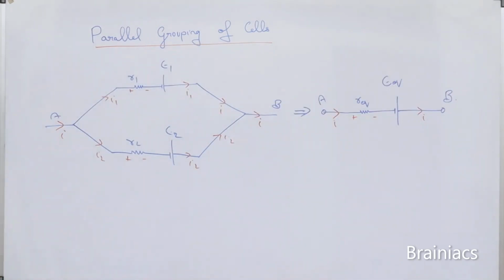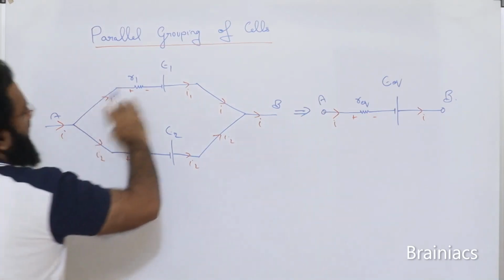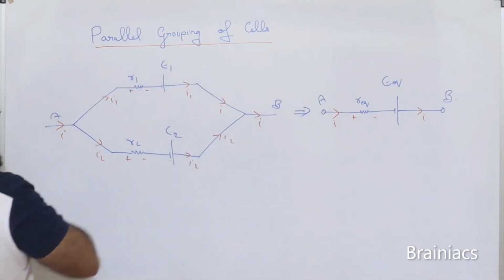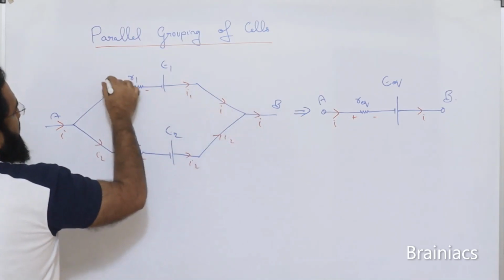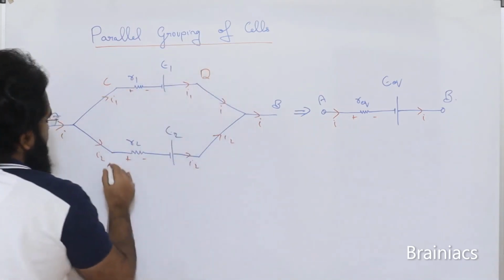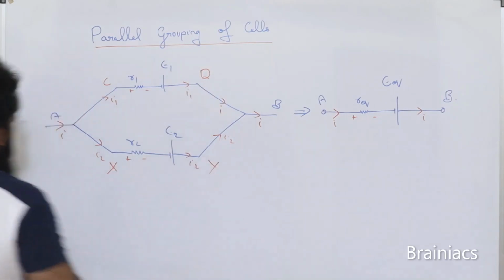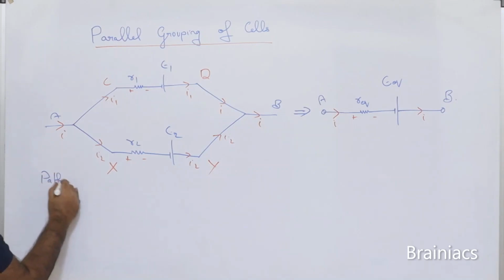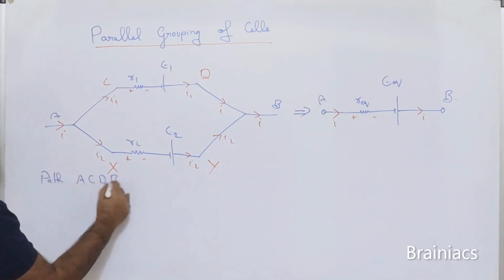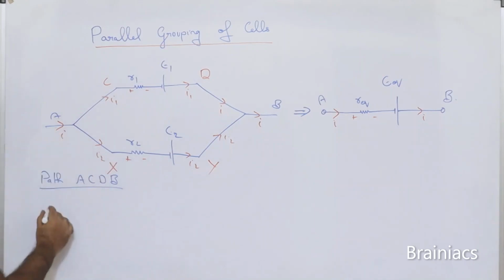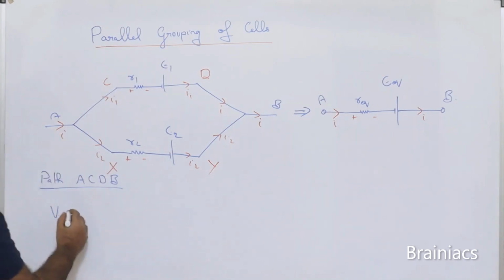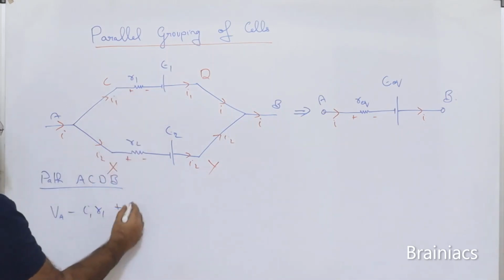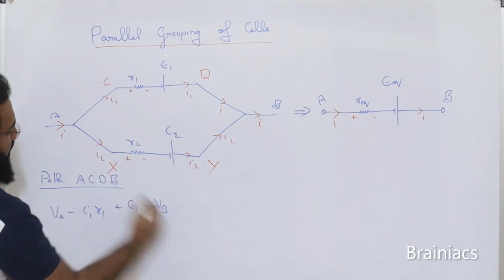So if we take path, okay, one case we will take this path, another case we will take this path also. Okay, so we will name this as, B is already here, so C, D. This can be named as X, Y. So path A, C, D, B. So this is VA, potential is VA, minus I1 R1 plus E1 minus VB.